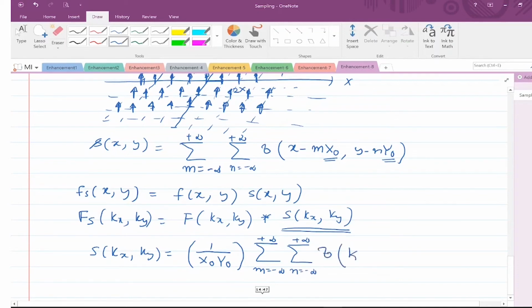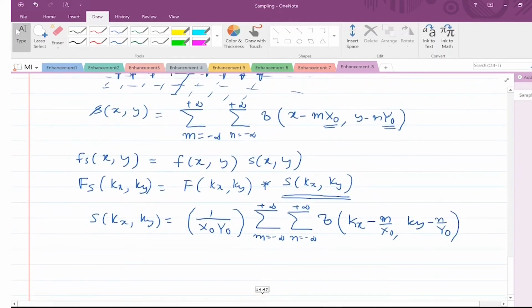Now your parameter here is kx in the frequency domain. If they are spaced at a distance of x naught in the spatial domain, it would be 1 by x naught in the frequency domain. Similarly, if it is y naught in the spatial domain, this would be equal to 1 by y naught in the frequency domain. So that's your impulse train's equivalent Fourier transform here.